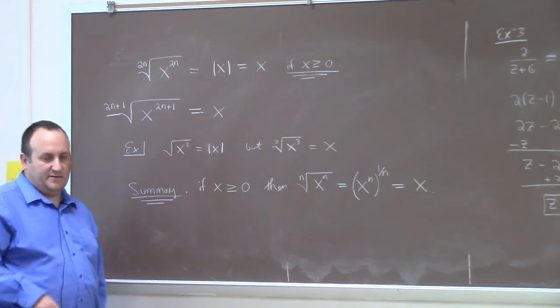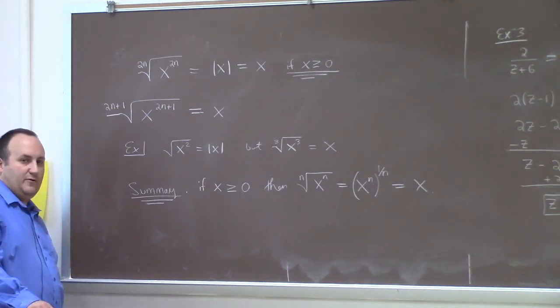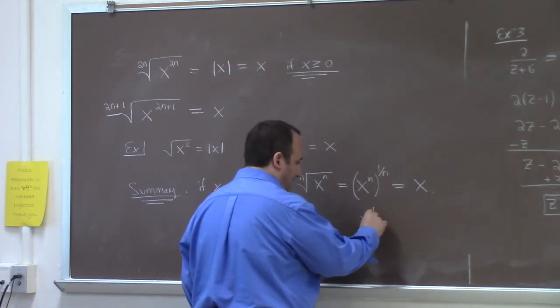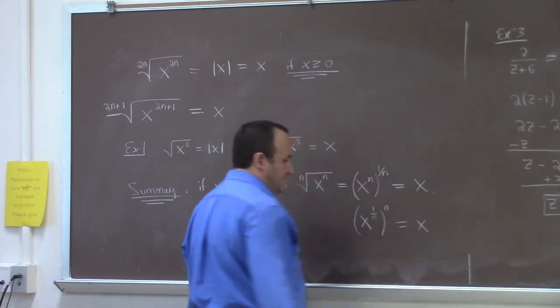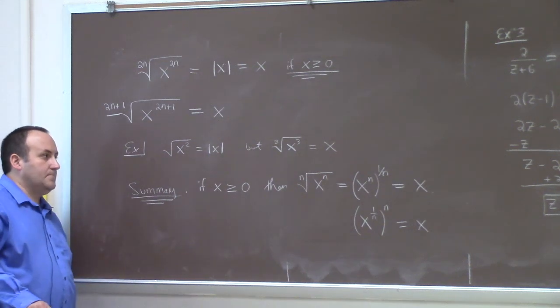So if we want to get rid of an nth power, we can raise the equation to the 1 over n power, right? Or vice versa. We can take x to the 1 over n and raise it to the n power and also get back x. These are inverse operations, okay?